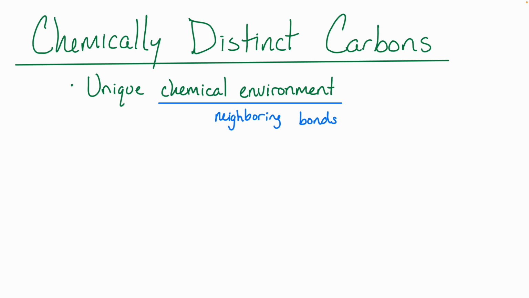This is one thing where I really don't know that the definition is all that helpful. What we're going to need to do is learn by analogy, going through a bunch of examples. Really, what we're going to be paying attention to is the symmetry in a molecule.